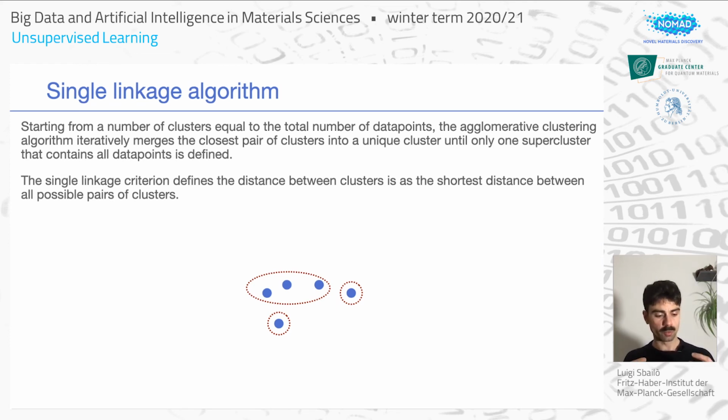And doing so, what happens is that if you have a large cluster, it is more likely to be closer to other points, and this facilitates a rich get richer dynamic. So big clusters tend to become even bigger.